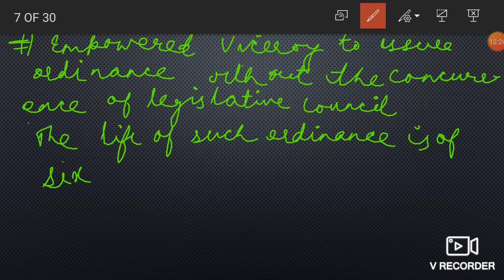At that time the life was 6 months, and presently also the life of an ordinance is 6 months. So this was the Act of 1861.